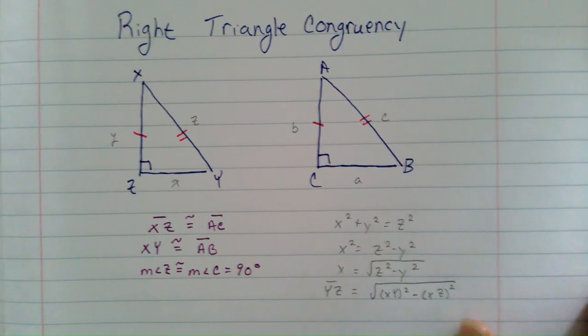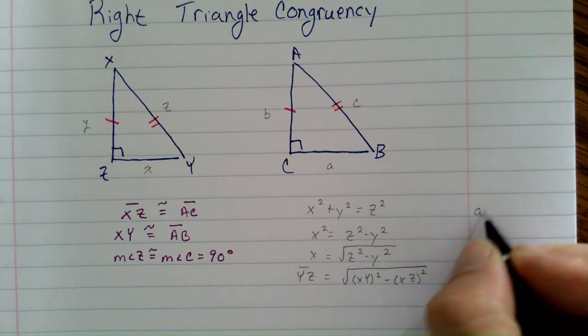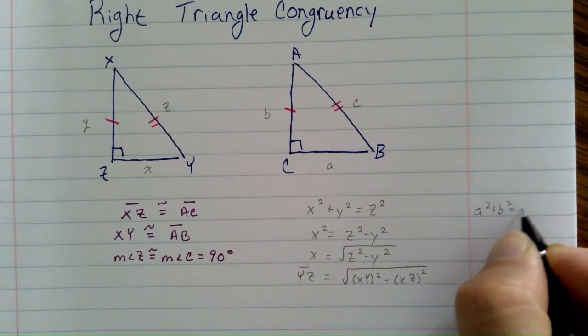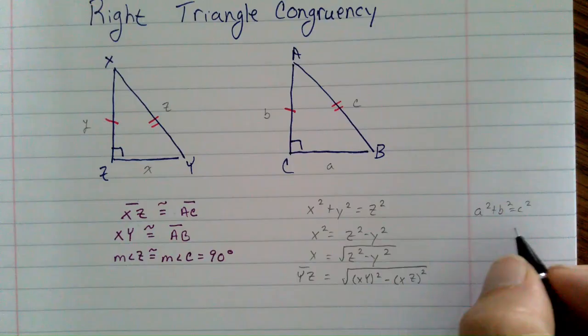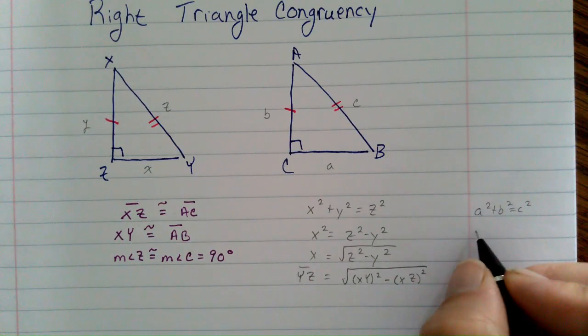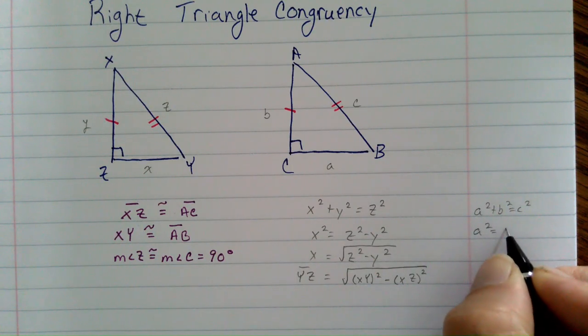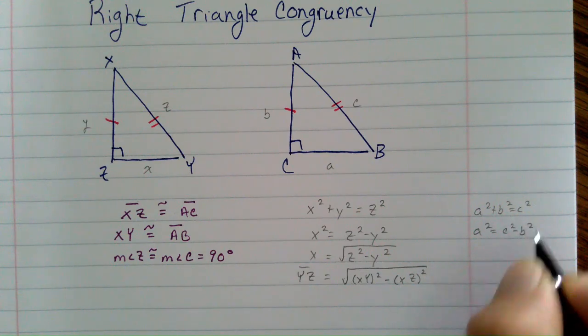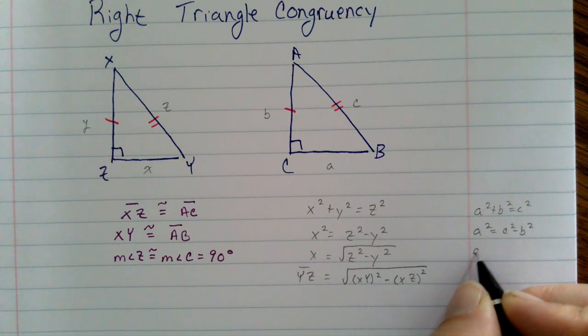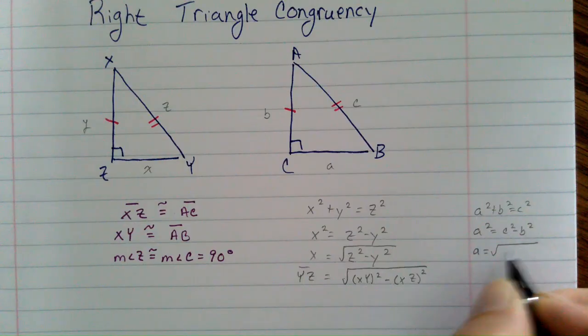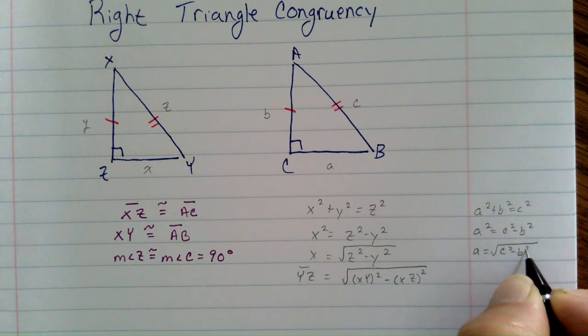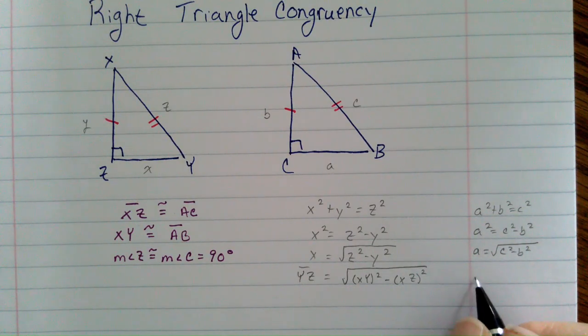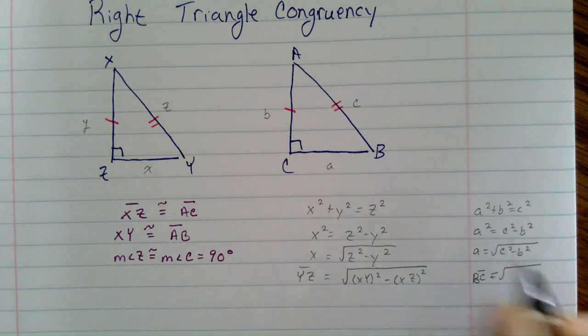Okay, now for the other triangle. A squared plus b squared equals c squared. We're familiar with that one, right? So a squared equals c squared minus b squared. So a is the square root of c squared minus b squared. So a was really BC. C was really AB.